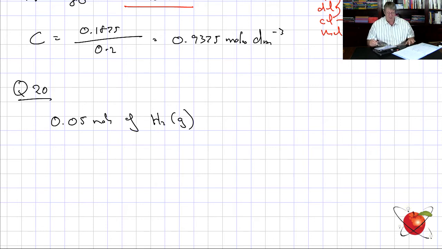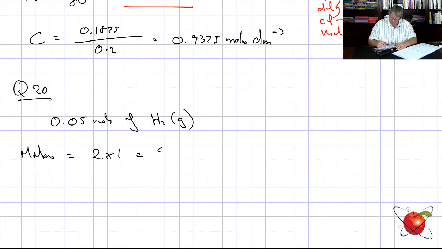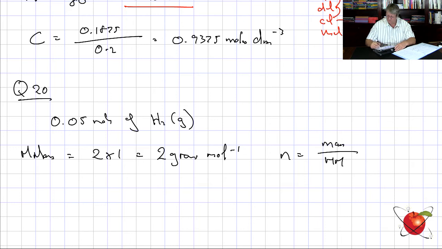Right? Okay. Now we've got moles and we want mass. So therefore, always let's look at molar mass, molecular mass, of hydrogen, which is 2 times 1, equal to 2 grams per mole. Oops, yeah, mole to the minus 1. Remember the formula? n is equal to mass over molar mass.